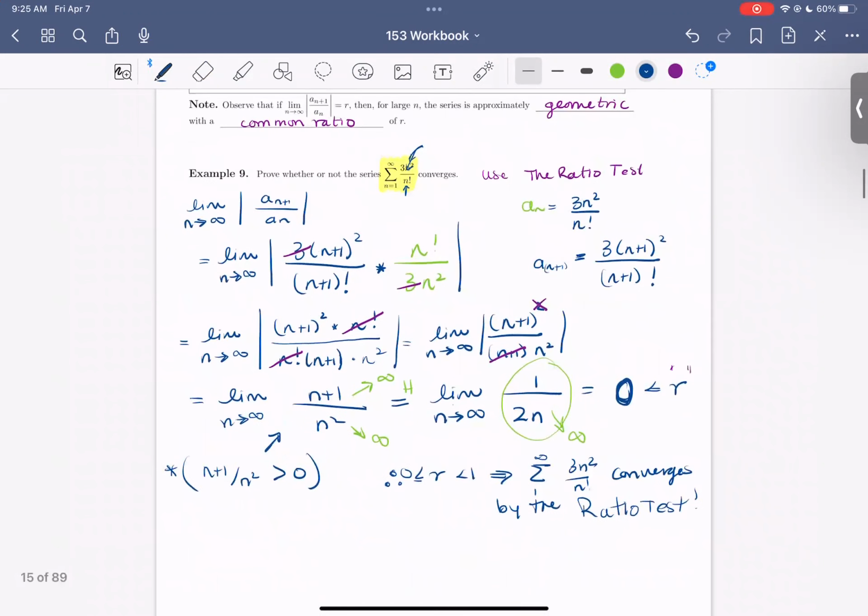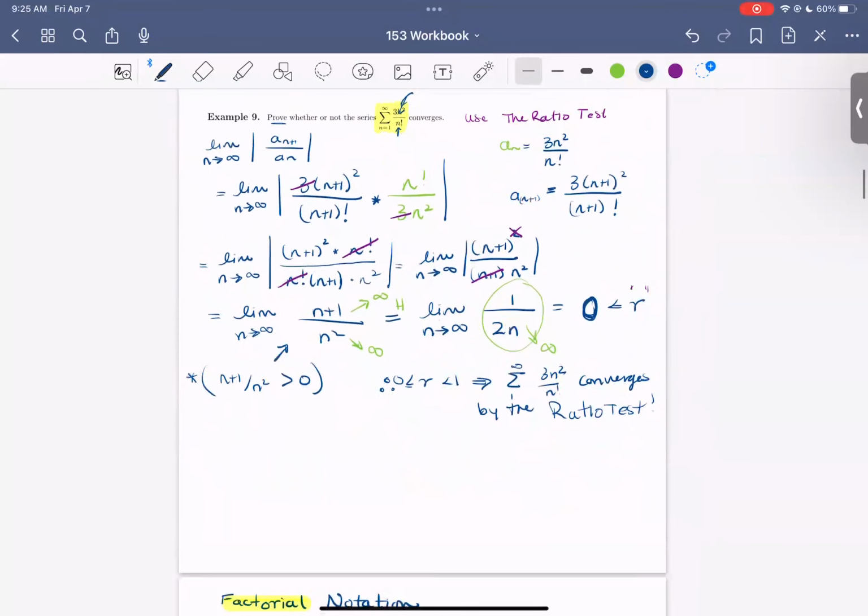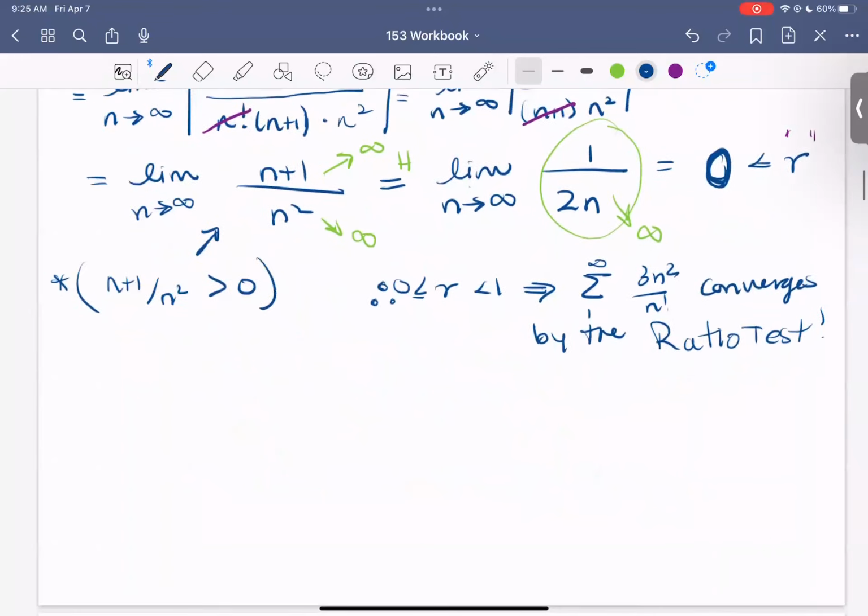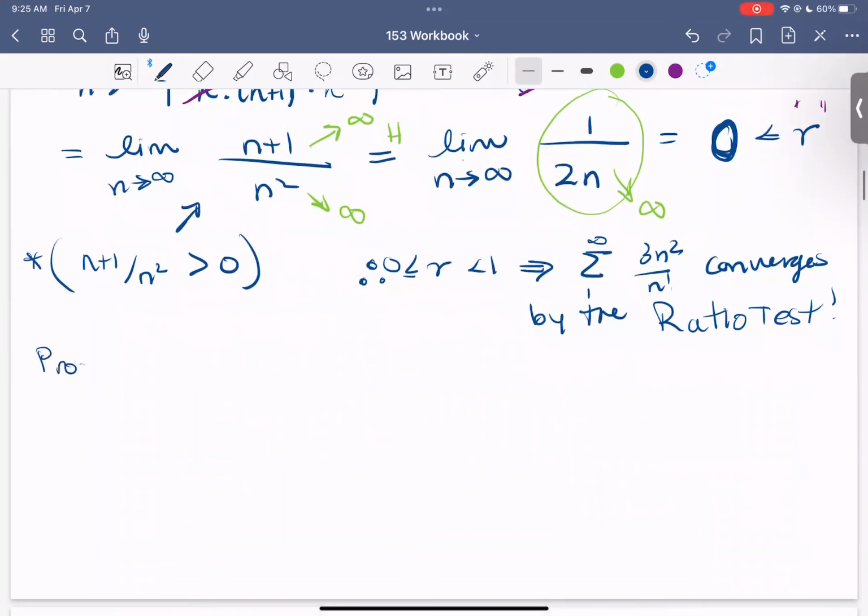All right. So nice work going through that algebra. So now all that's left is for us to write a formal proof of that. We've already done all the work, really. So now we just need to summarize our findings. So we do that in our proof.